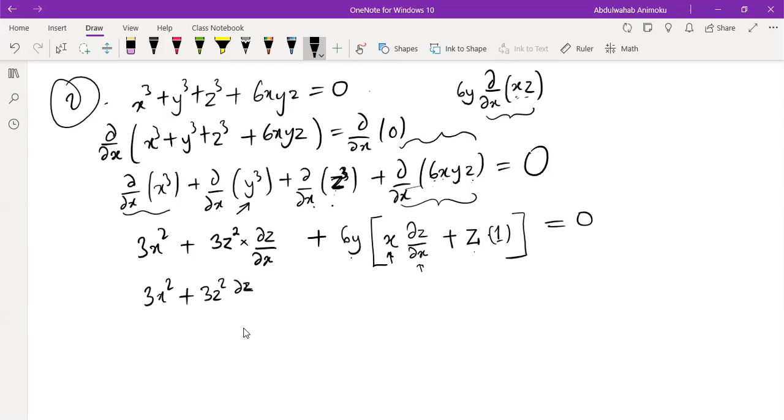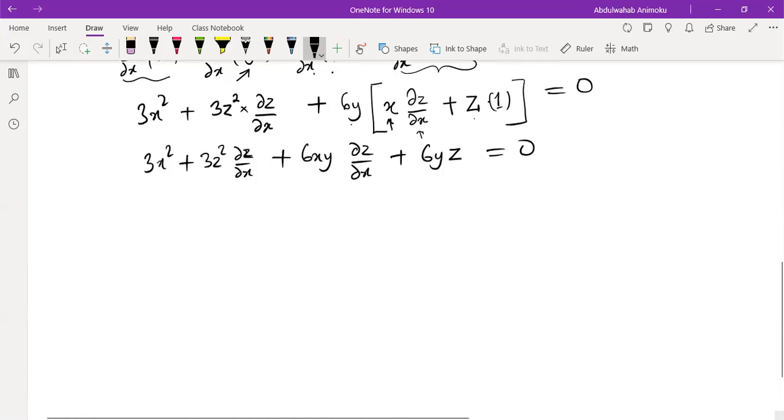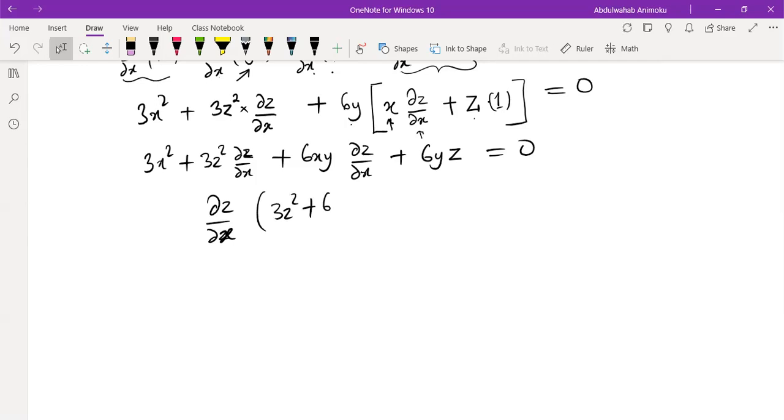Okay, now we can quickly write this. 3z squared del z del x plus 6xy del z del x plus 6yz equal to 0. Now factorize del z del x out, which is 3z squared plus 6xy, and take every other thing to the other side. When you take 3x squared to the other side, you have minus 3x squared.